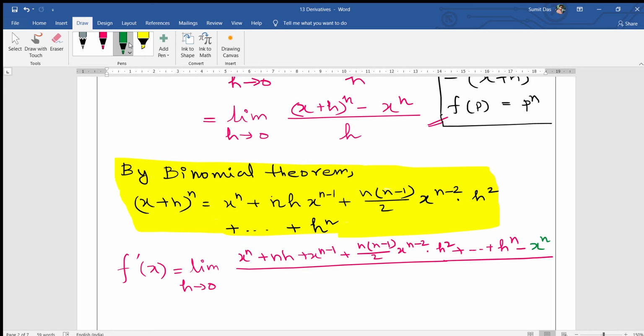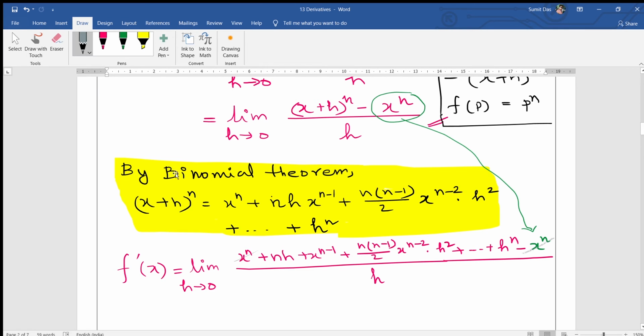Where did this x to the power n come from? Don't forget this x to the power n. The expansion of x plus h is this, this x to the power n is here, and the denominator will be h. So this x to the power n and this x to the power n will cancel.